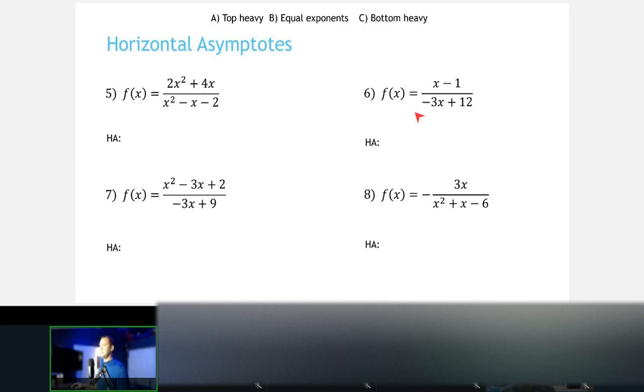Once you find the HAs, I'm going to ask you, is it A, B, or C? Identify whether it is top heavy, even, or bottom heavy. Then after we all answer A, B, or C for all of these, I'm going to ask what the HA is. So make sure you identify both things.